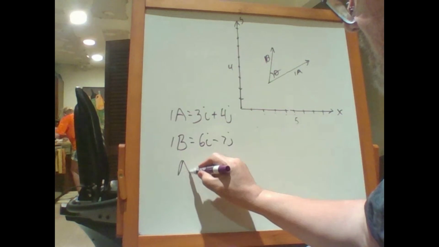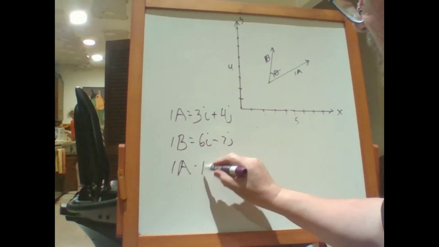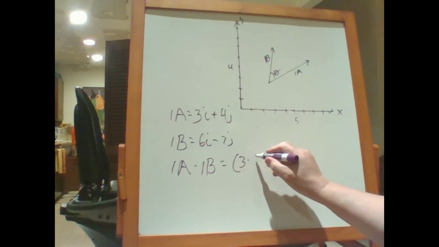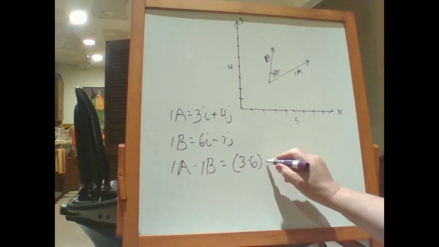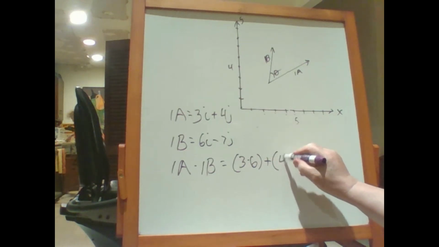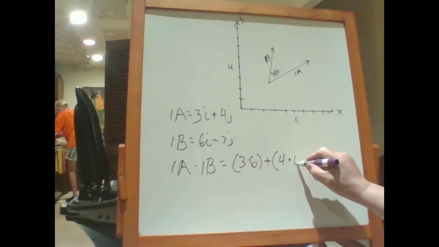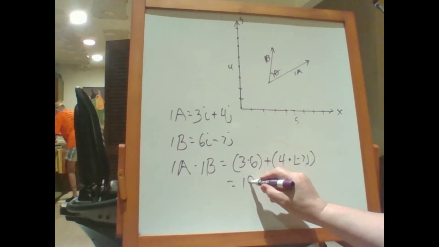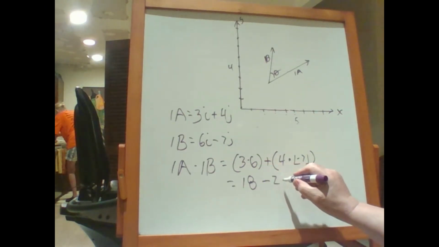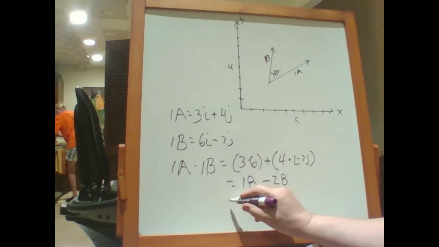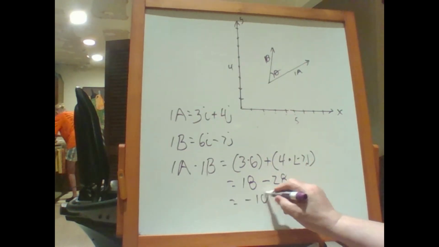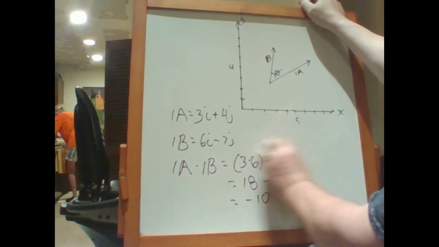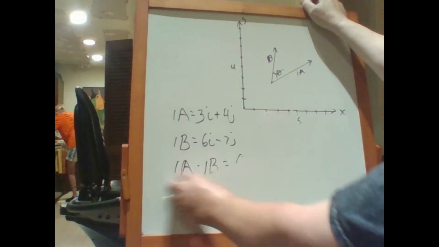So A dot B is equal to 3 times 6 plus 4 times negative 7. And that would be 18 minus 28, and that's equal to minus 10. Now, again, a dot product yields a scalar.